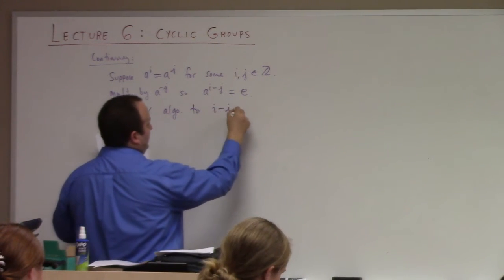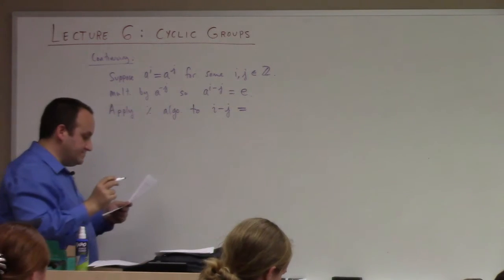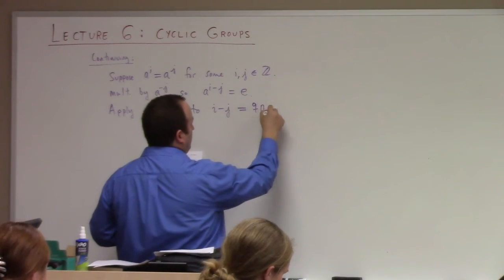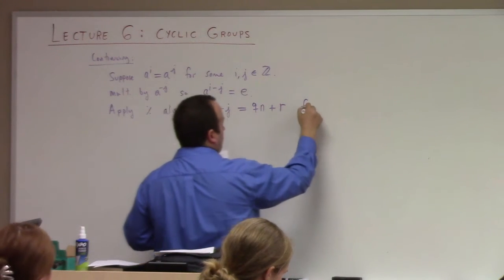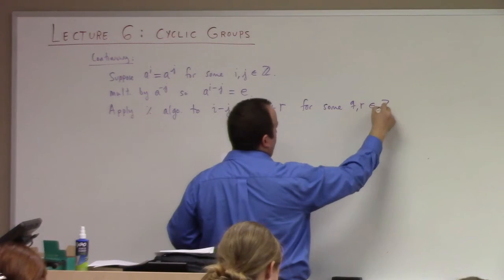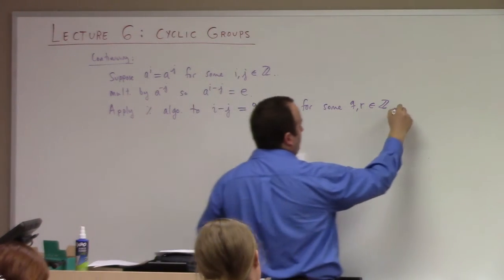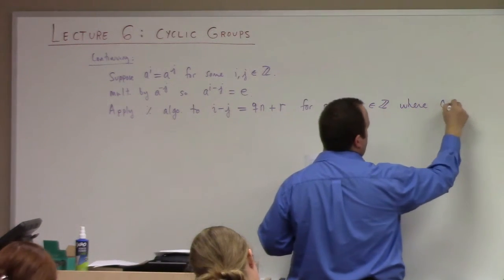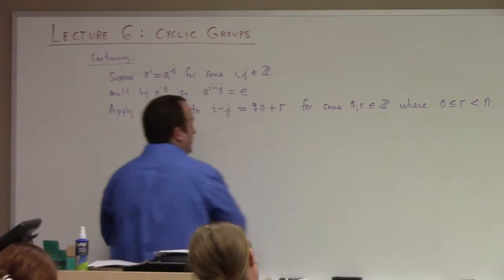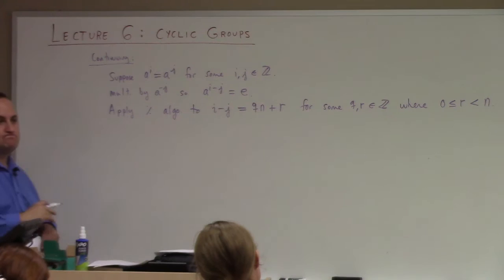All right, so i minus j can be rewritten as qn plus r, right. What's the condition on r? It's between 0 and n, not inclusive of n, right?